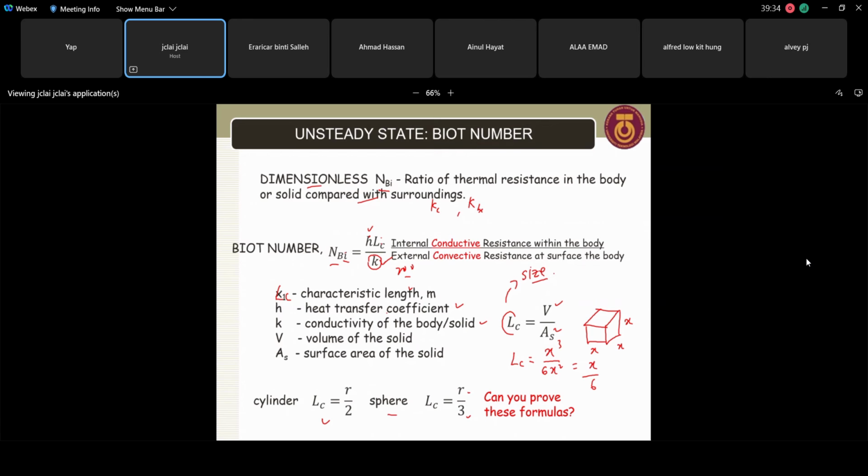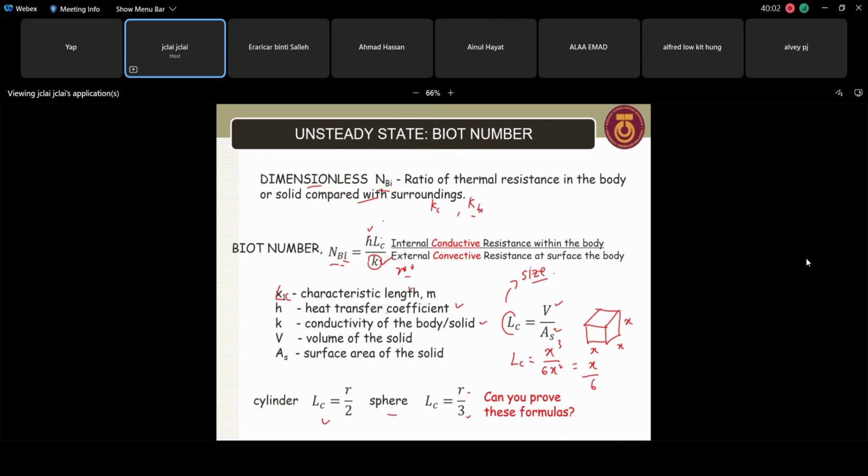So with both of similar size and similar surroundings, with similar H value, it's very clear the Biot number of the copper will be much smaller as compared to beef, because the K value of copper is much higher than beef. Okay, so it's inversely proportional.